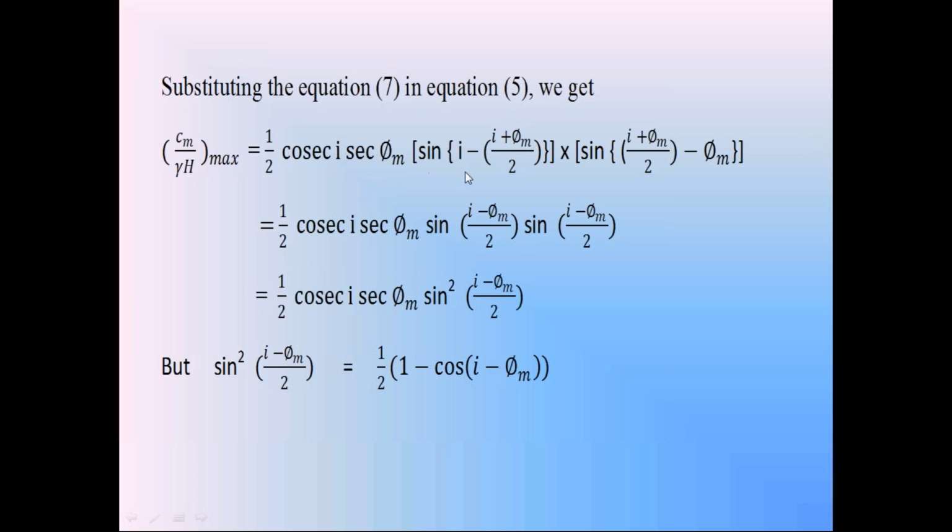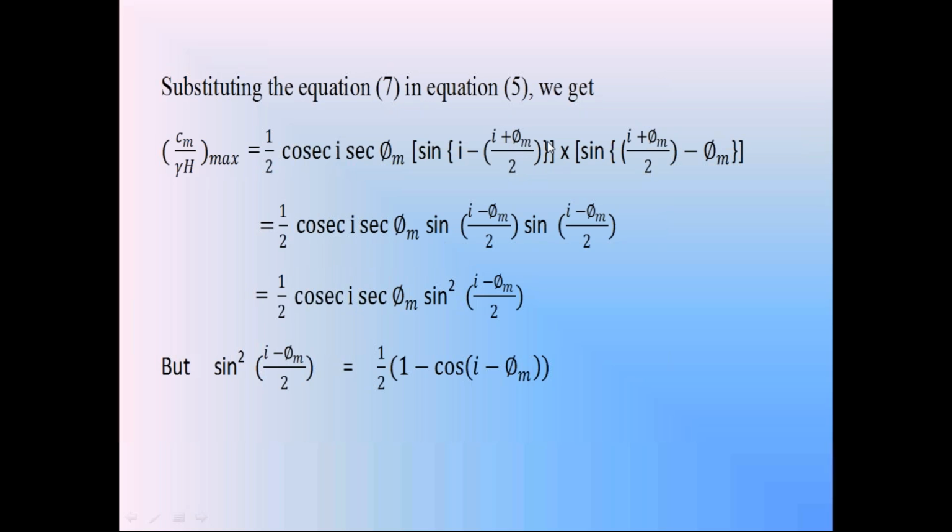So the right hand side becomes half into cosecant I into secant phi m into, actually it is sin I minus alpha, but this maximum happens at alpha is equal to I plus phi m by 2.